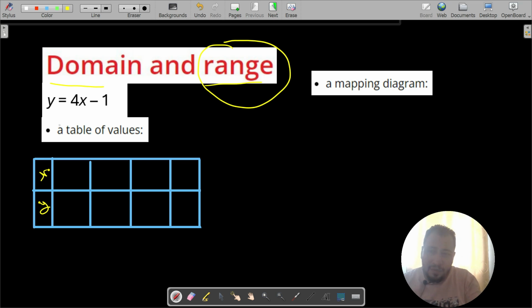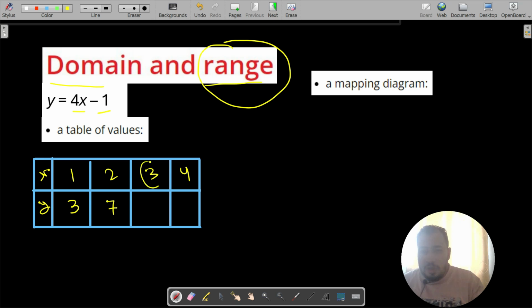For example, in this function, I have 4x minus 1. I will put some random numbers for now: 1, 2, 3, for example 4. Substitute in your function to get the value of y. When you substitute x with 1, you have 4 times 1 is 4, minus 1 is 3. 4 multiplied by 2 is 8, minus 1 is 7.